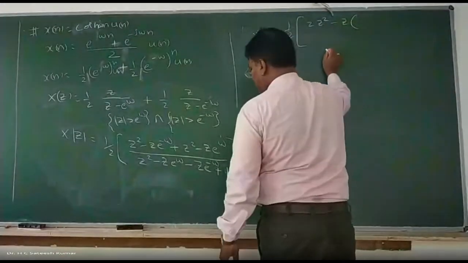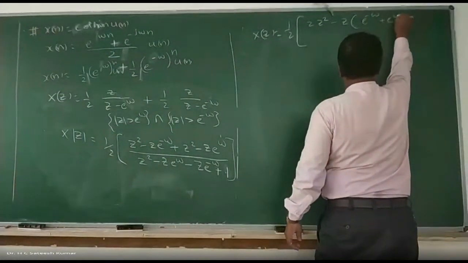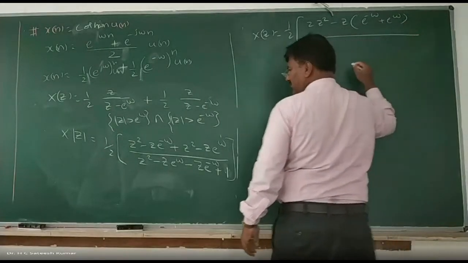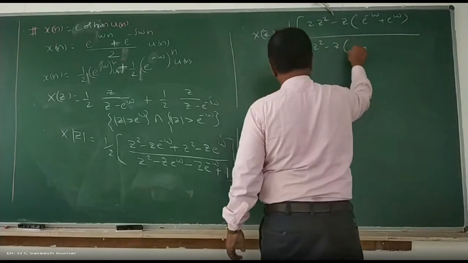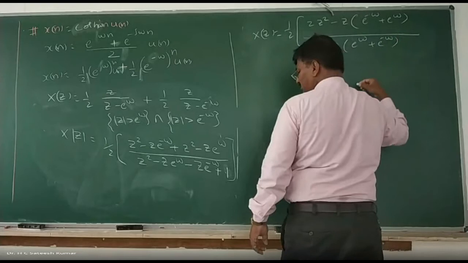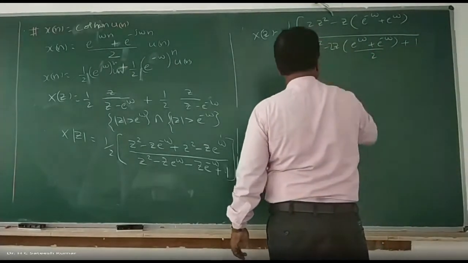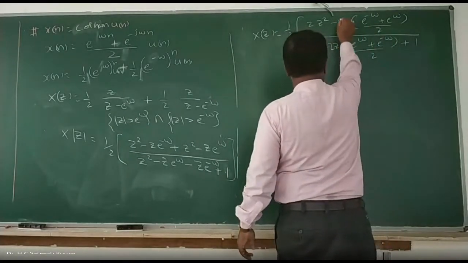When you take minus z common, what will you get? e to the power of minus omega plus e to the power of omega, divided by z square minus z into e to the power of omega plus e to the power of minus omega plus 1, divided by 2 multiplied by 2.